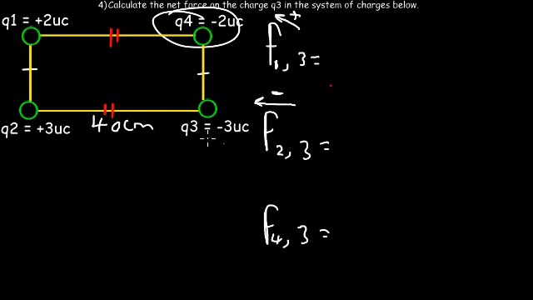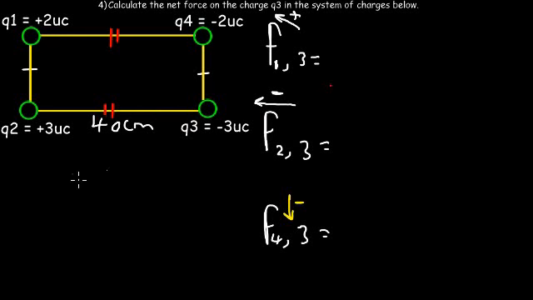Now, what about Q4 and Q3? They tend to be similar in charge, which implies that like charges will repel each other, and it will be directed towards the negative y-axis, and it will be directed this way, and it will carry a negative sign. Good. So those are the vectors of those forces that will be applied on Q3 alone.